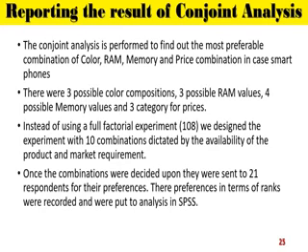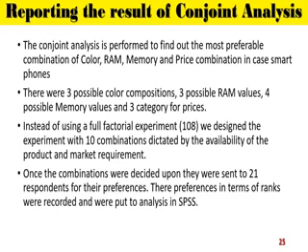Instead of using the full factorial experiment of 108, we designed the experiment with 10 combinations dictated by the availability of the product and market requirement. Certain products might not be physically possible, or may be absurd in certain cases.